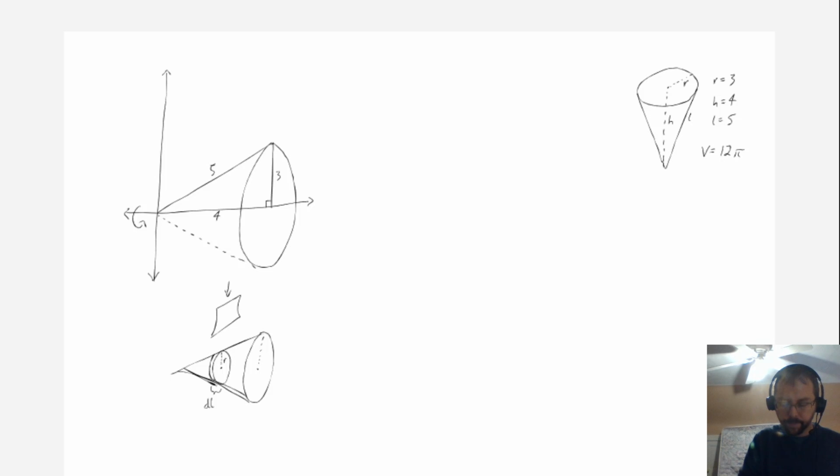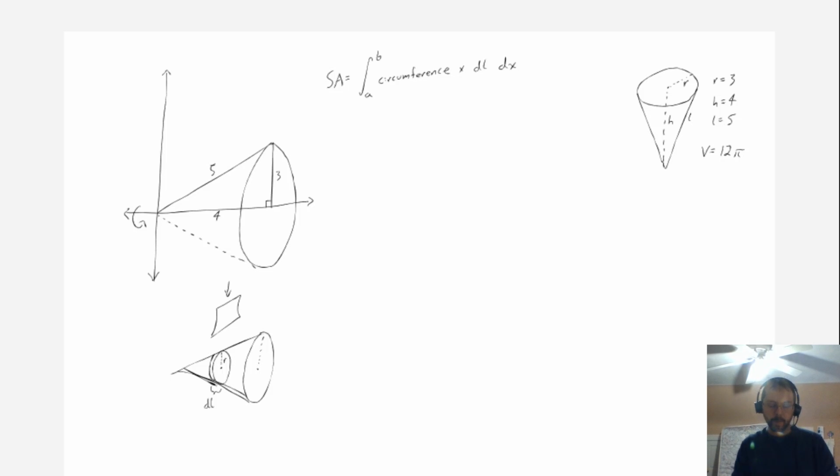So surface area equals the integral from, once again, a to b, being the starting and ending points of our travel along the x-axis, of circumference times dl dx.